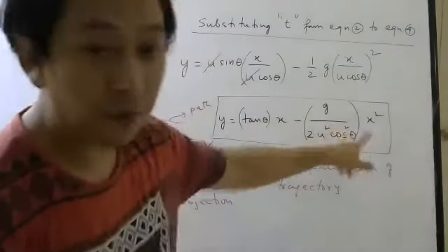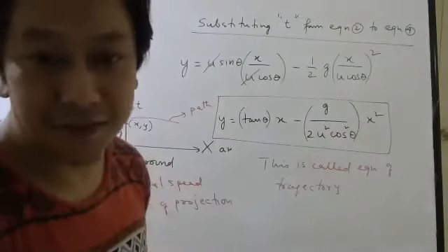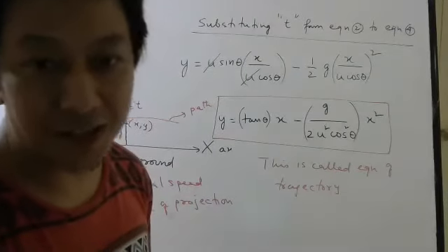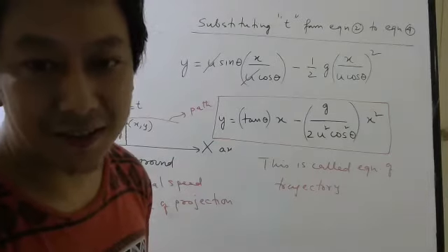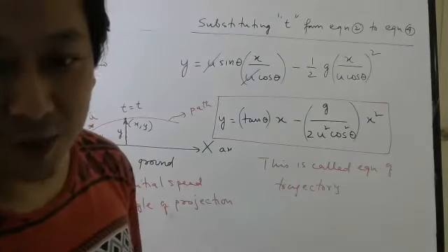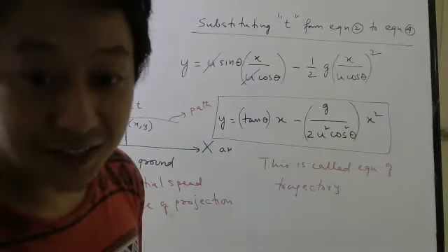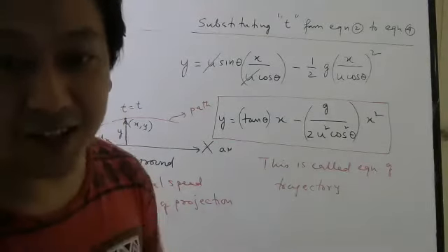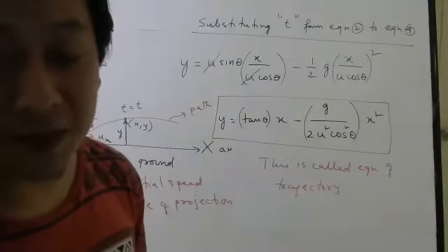First of all, what is the order of this equation? Is it linear or is it quadratic? I'm asking. Is it a linear equation or is it a quadratic equation? It is a quadratic equation. First thing to understand. Since it is a quadratic equation, the path will be parabolic.